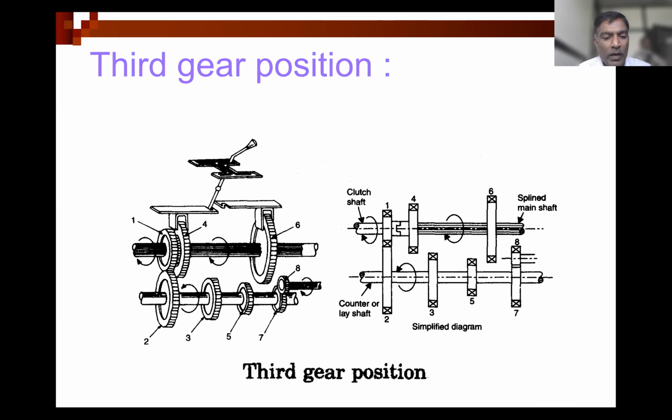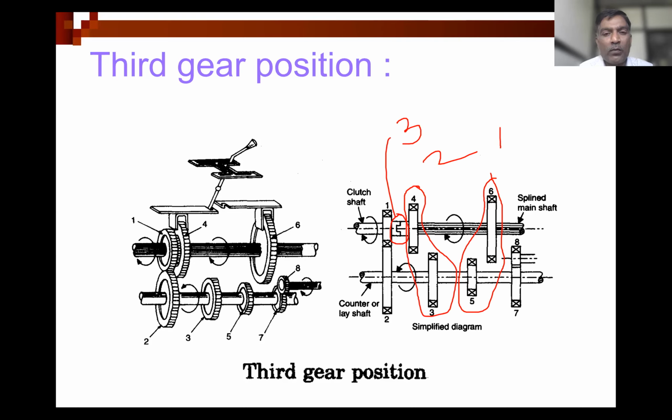So with the help of gear number 6 and 5 on the left shaft, first gear, 3 and 4, second, and as we are connecting this clutch shaft to the main shaft with the help of dog clutch, this is the third forward speed that we can get with this combination.